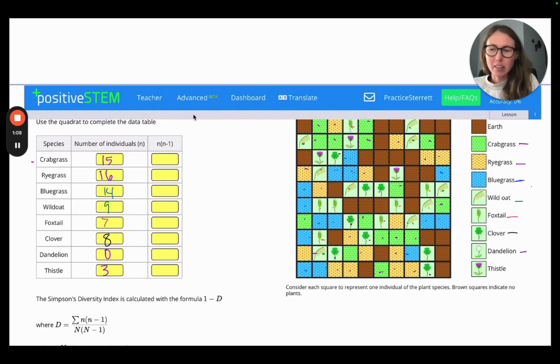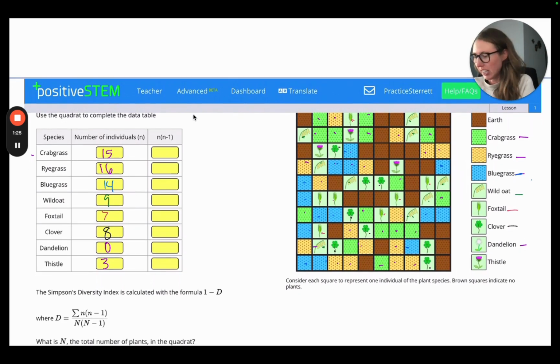So I went ahead and counted all of those different species that I see in my quadrat study. You can see that for mine, dandelion came up as 0, so you may have some that are not present in your sample. And then we're going to fill in the n times n minus 1. So what you're going to do is, for this crabgrass, for instance, if there's 15 as your n, your number of individuals, that means your n minus 1 is 15 minus 1, which is 14.